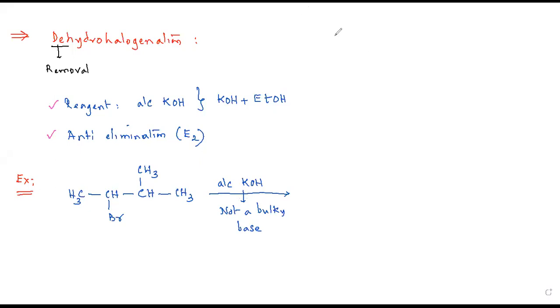Let me show you the possibilities. Okay, along with this bromine, we can eliminate this hydrogen. There is another possibility. This is say B.